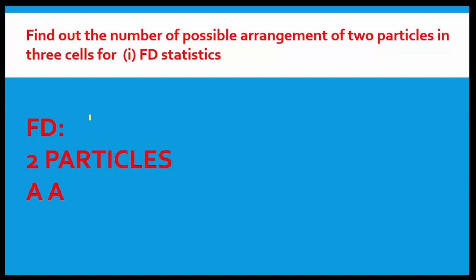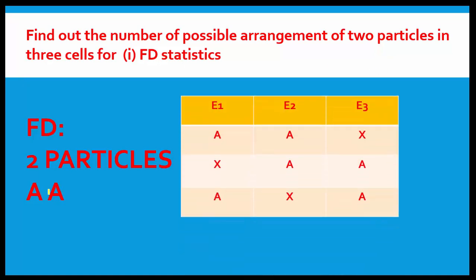The difference table suggests that for Fermi statistics, the particles are indistinguishable. So again, the two particles are named AA. And in the second point, the particles follow Pauli's exclusion principle. When I say the particles follow Pauli's exclusion principle, it means that these two particles are not going to stay together in a cell or in an energy level. They have to stay individual.